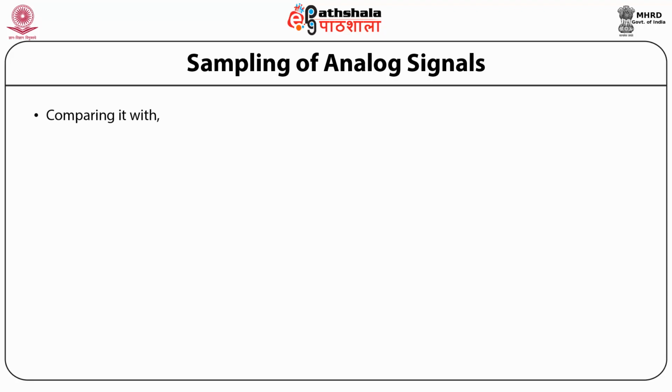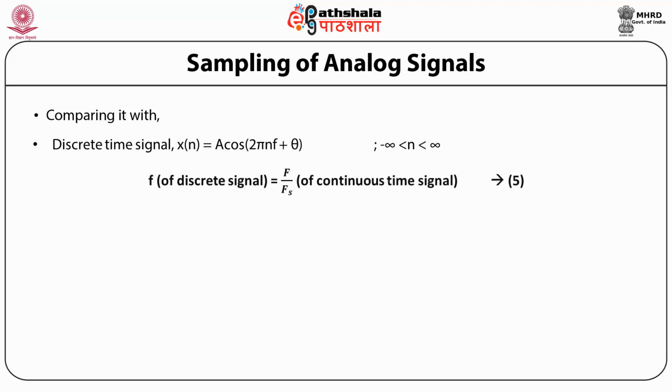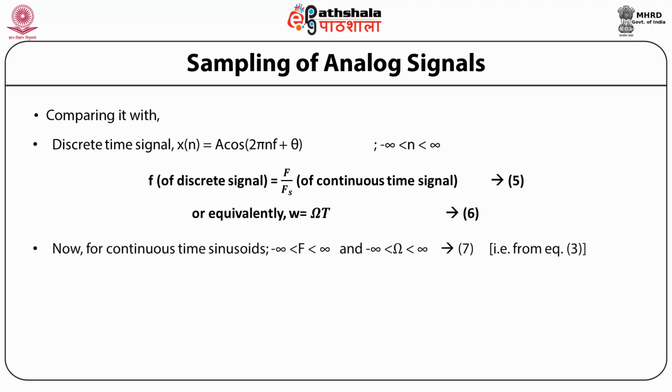So comparing it with the discrete time signal x(n) equal to A cos(2 pi n f plus theta), where n varies from minus infinity to infinity, and f, which is for the discrete signal, is equal to capital F by capital Fs of the continuous time signal, or equivalently omega is equal to capital Omega multiplied by T. Now for continuous time sinusoids, capital F varies from minus infinity to infinity, and Omega also varies from minus infinity to infinity.